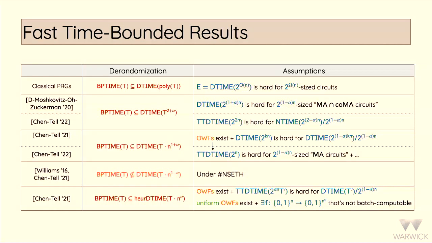And second, the classical de-randomization assumes hardness for deterministic circuits. This is a standard hardness assumption. But all of the super fast results need to assume another thing, either a cryptographic assumption or some hardness assumption against non-deterministic circuits. Okay, so these are the two takeaways I want you to get from this table.